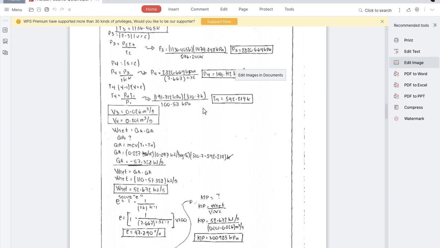The final answer for the QR is negative 57.328, or 52.652 kJ per second rather.